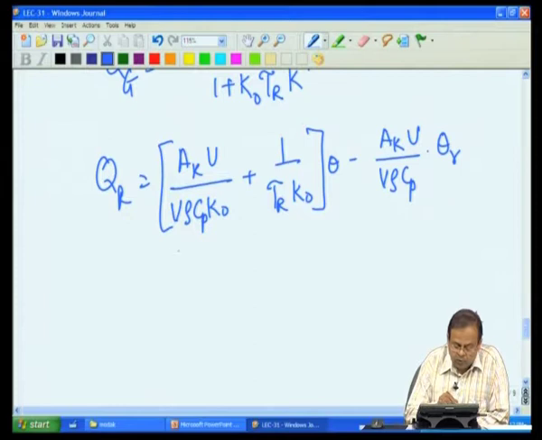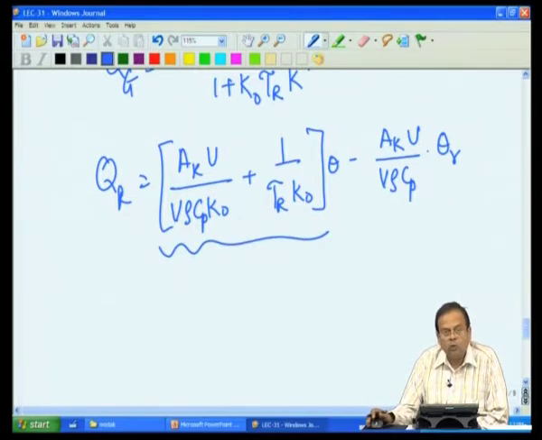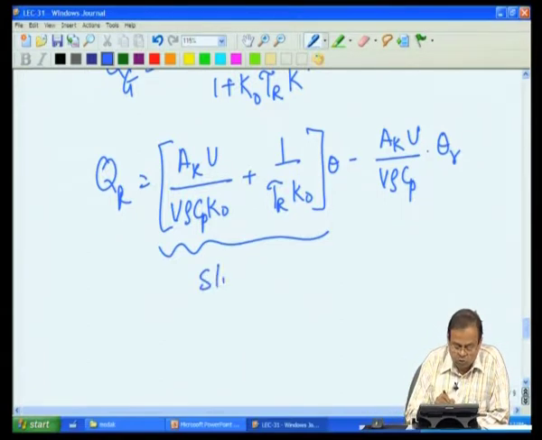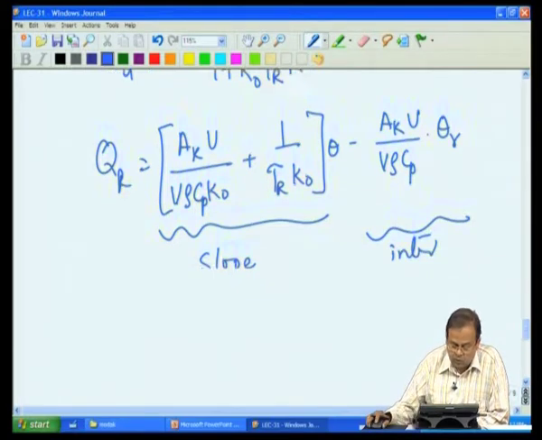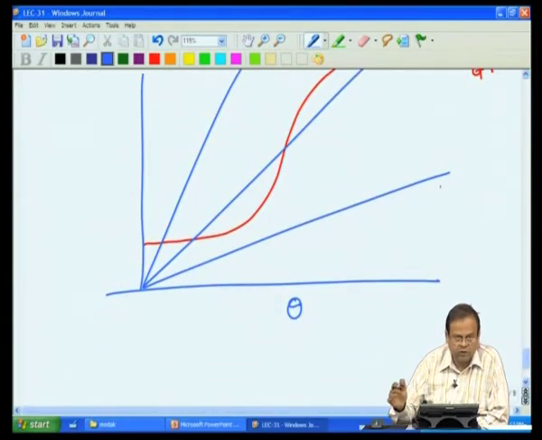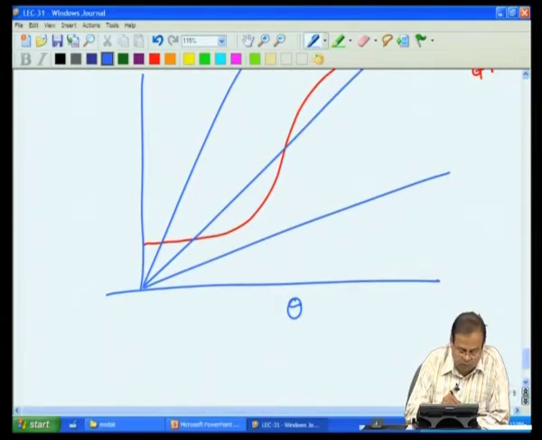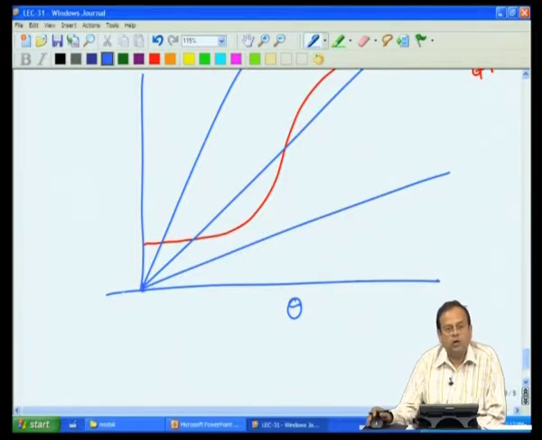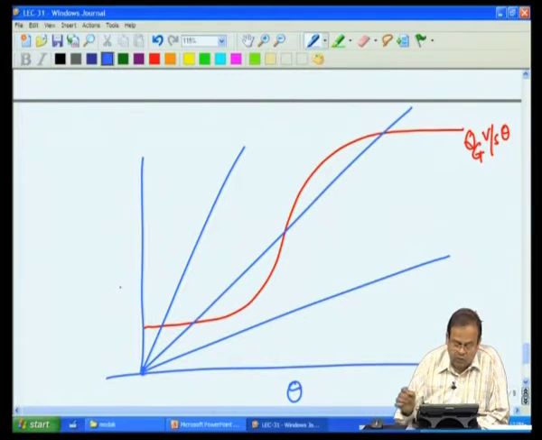with a slope equal to this particular value. So, this is the slope of Qr versus theta, and this is of course the intercept, okay, which can be a non-zero value. But if you just scale it, make a linear transformation, we can show it to be starting from here. So, now let us see what happens here.